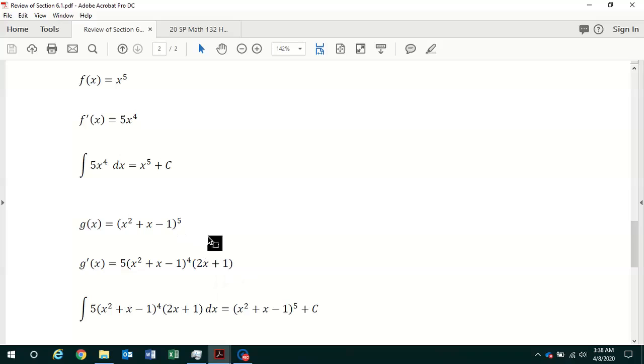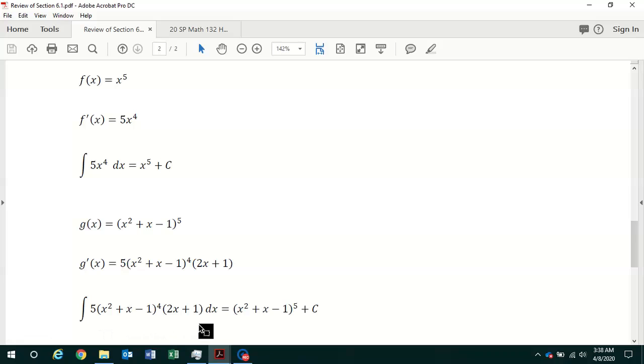So if the derivative of g of x is equal to this, then the antiderivative of this has to equal g of x up here plus c. And that's what we see down here. We have the antiderivative of 5 times x squared plus x minus 1 to the 4th times 2x plus 1. That's g prime of x.